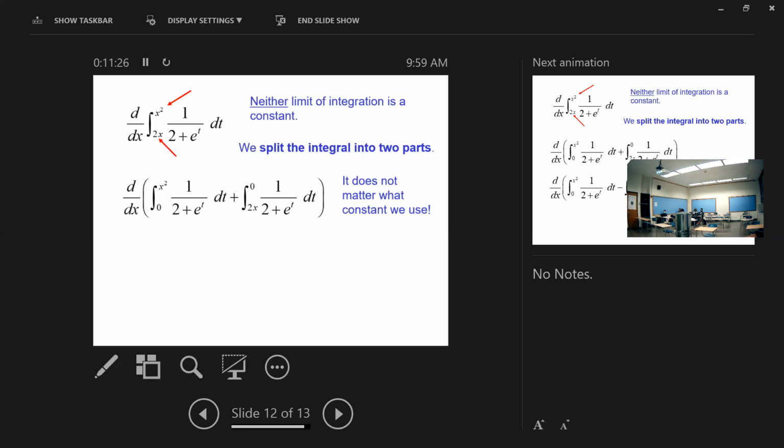We're going to go from 0 to upper limit x squared, and from the lower limit 2x to 0. So it's picking up here. Make sense? But it doesn't matter what constant it is. This doesn't have to be a 0. It could be a 5. It could be a 4. That's going to at least work for 5.